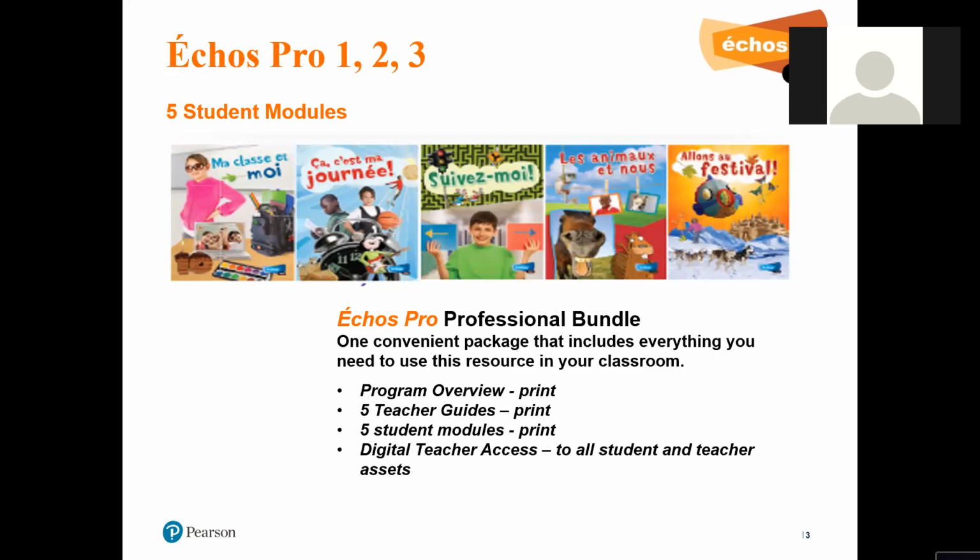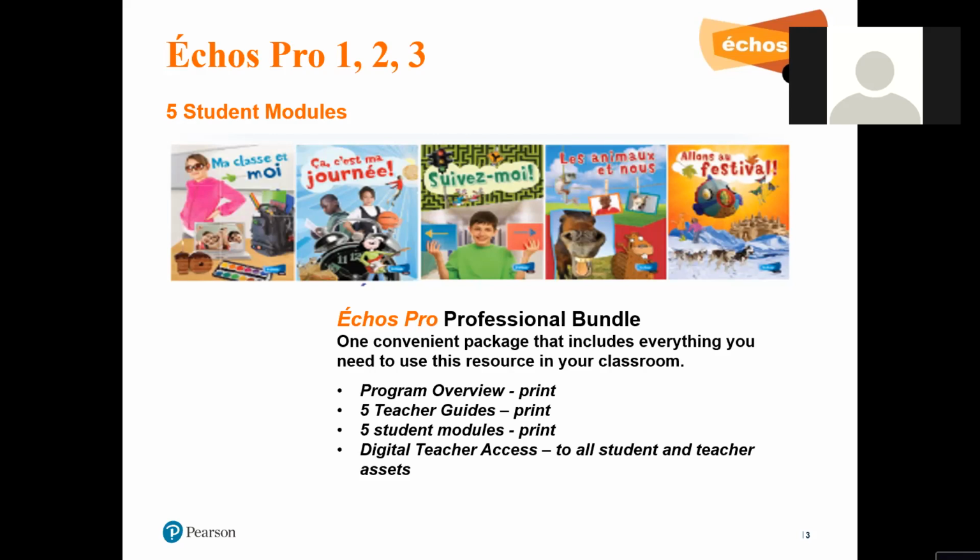So what you're seeing here are the modules. Each level, EcoPro 1, 2, and 3, comes with 5 student modules. Each level consists of printed student modules and the printed professional bundle. And the professional bundle is the teacher side of it. It comes with the printed program overview, printed teacher guides, printed student modules, and digital teacher access to all of that.